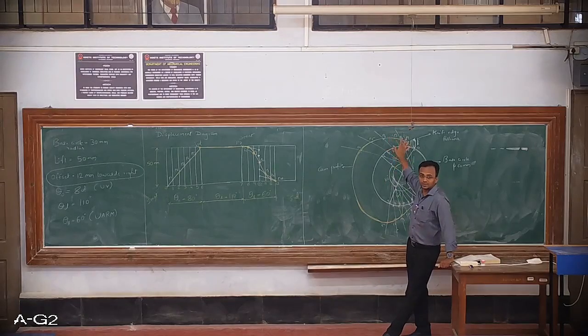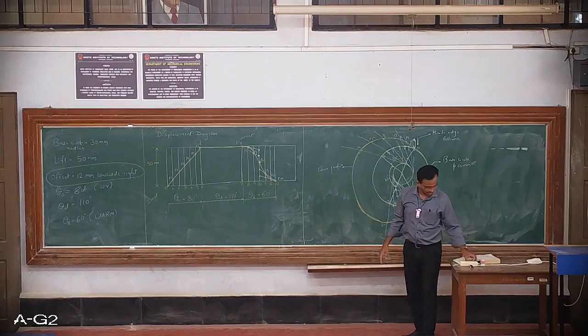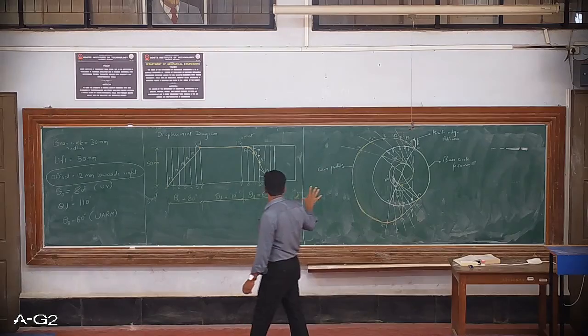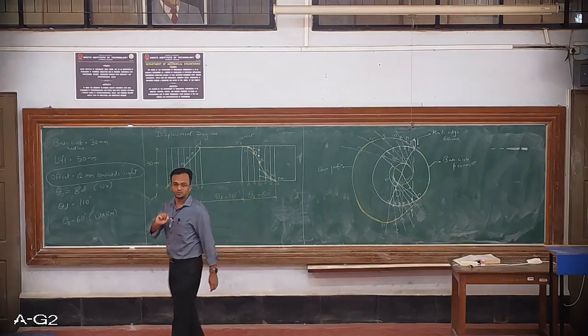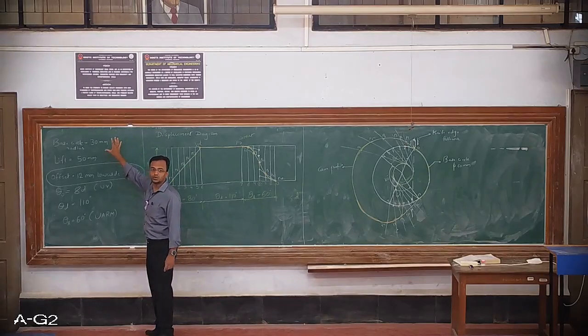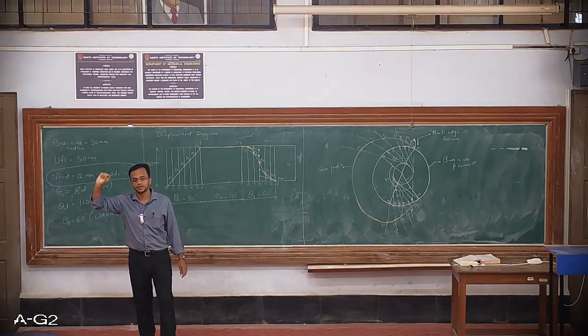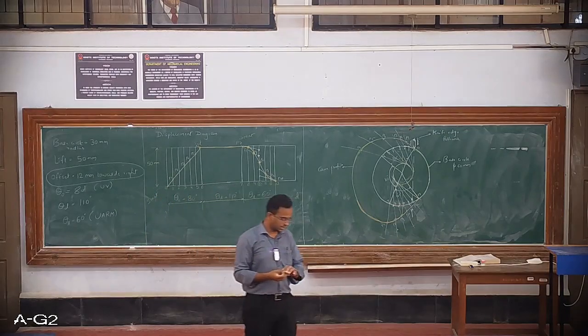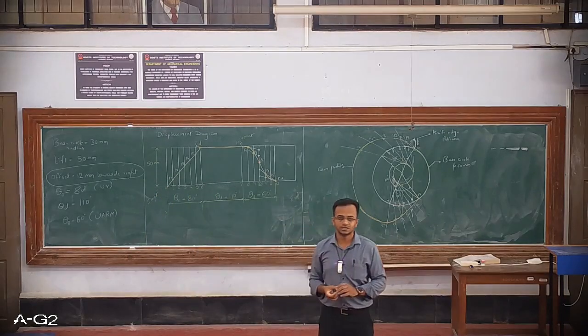But still I have solved this problem using knife edge, because if they want you to draw the CAM profile using a roller follower, then they would have mentioned the roller diameter over here. Okay. If roller diameter is not given, then it is to be understood that this has to be solved using the knife edge profile.